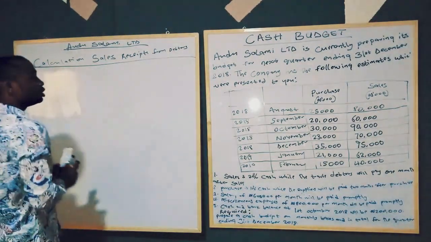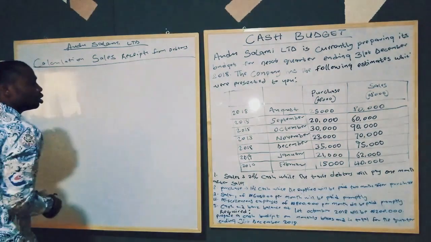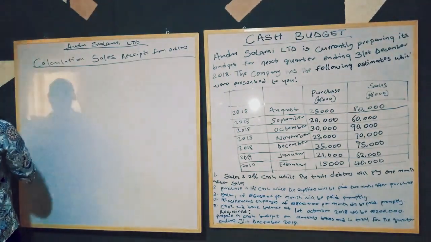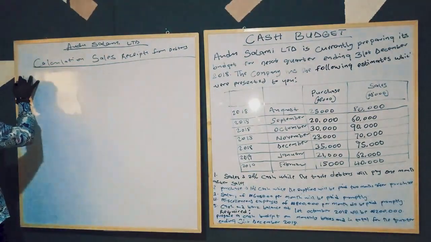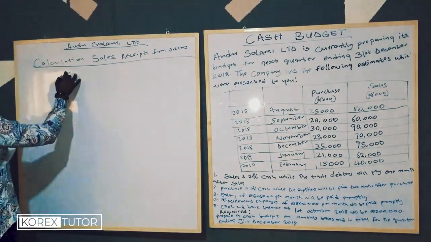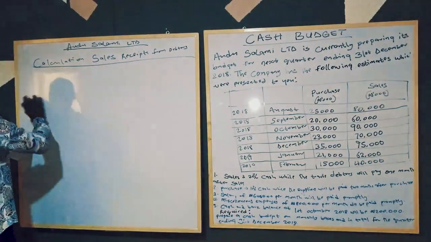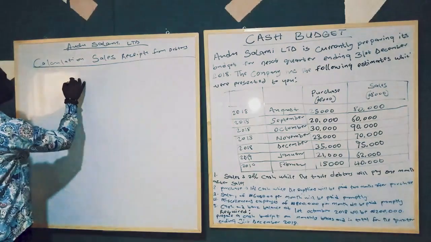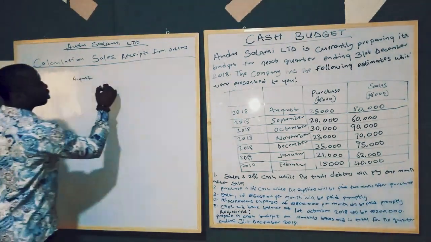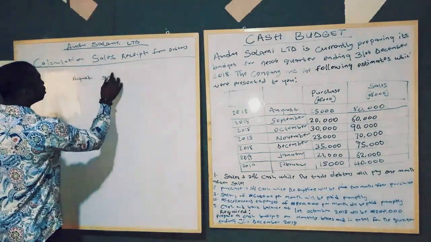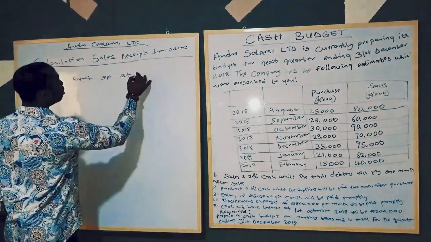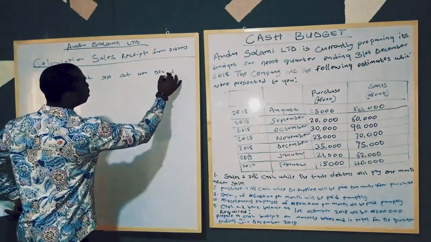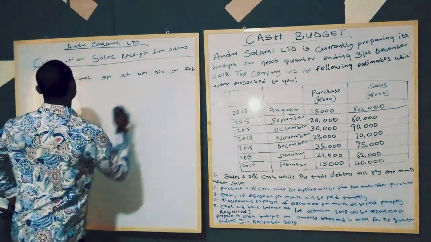Then you have the list of the months. We start from August, September, October, November, December, January, February.